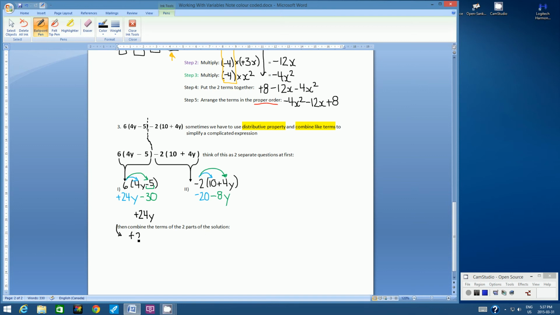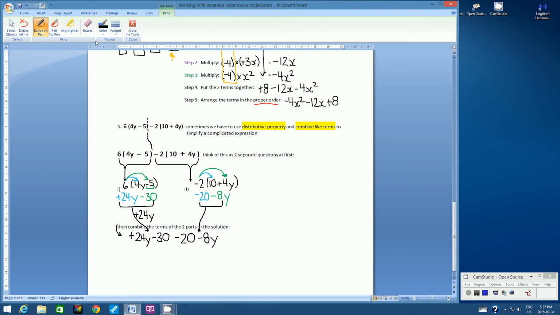So we have positive 24y minus 30. Okay, that's this part right here. Okay, and then we have minus 20 minus 8y. That's this part right here. Okay, so we combine the two parts of our solution.